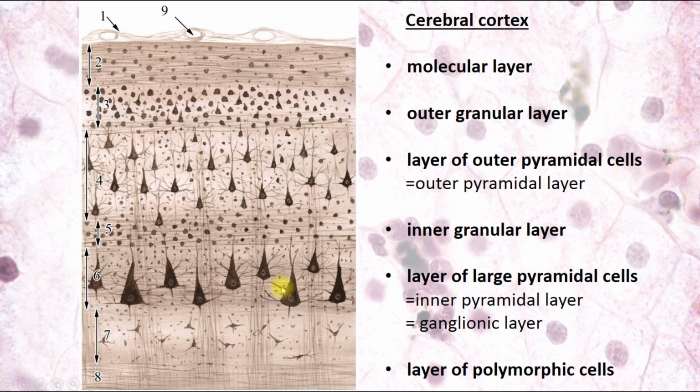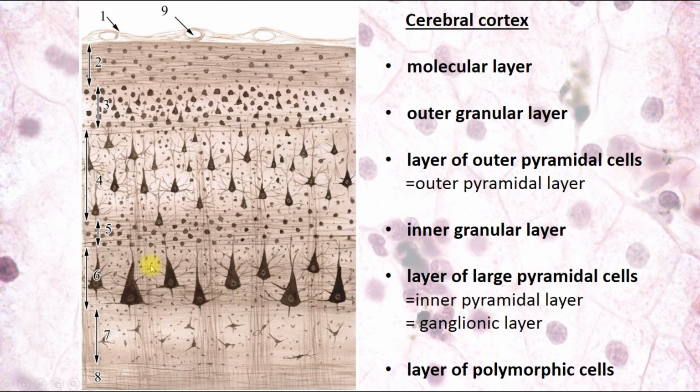Their size is about 120 micrometers, and this size is like the size of an ovum, whose diameter is about 120 or 130 micrometers. So pyramidal cells are very big cells, and they are called Betz cells.